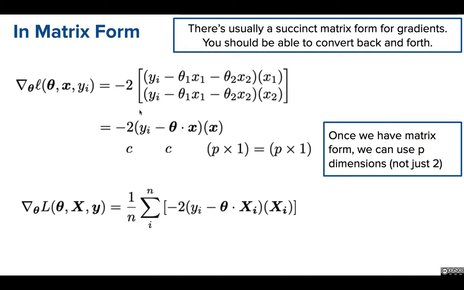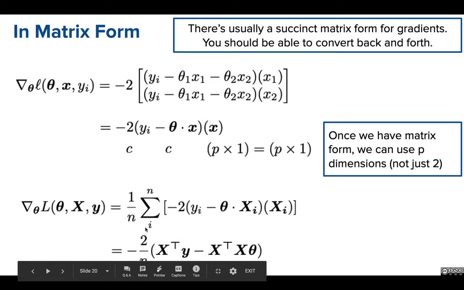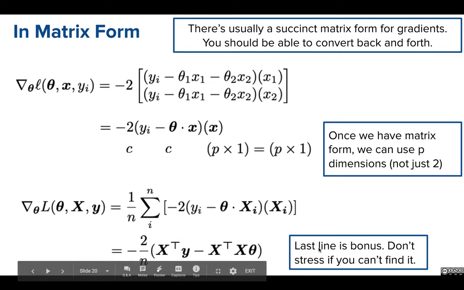Okay, now it turns out that you can simplify this even more. You can actually simplify this down to this matrix multiplication here. But if that's really stressful for you, don't stress out too much over it. I will expect you to know how to do this on the top, but not the matrix simplification, because a matrix simplification is pretty hairy to do.